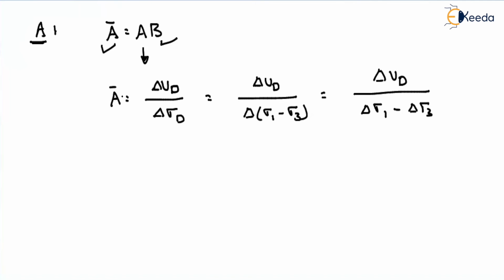After obtaining A bar, we can obtain the A value. The parameter A depends upon the strain in the soil, the degree of saturation, and many other parameters.